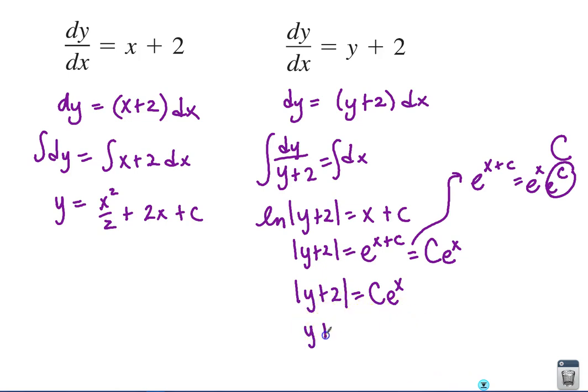I can go ahead and say y plus 2 is equal to c e to the x, and y is equal to, I'm sorry, my bad, c e to the x minus 2. And that c right here is going to be positive or negative depending on whatever your initial condition is. So you would have to know that for sure in order to figure out what c is. Okay? That's a real quick version of that.